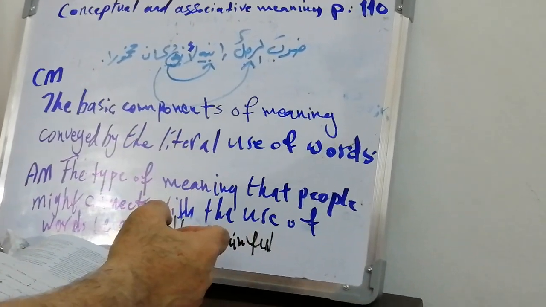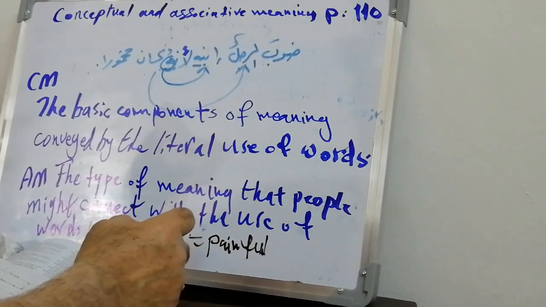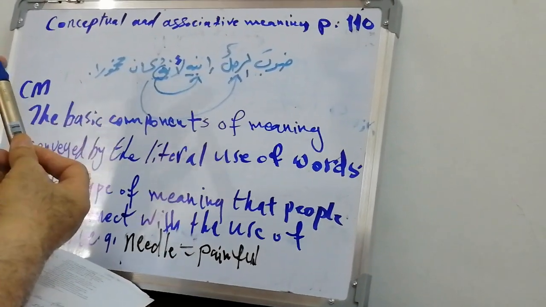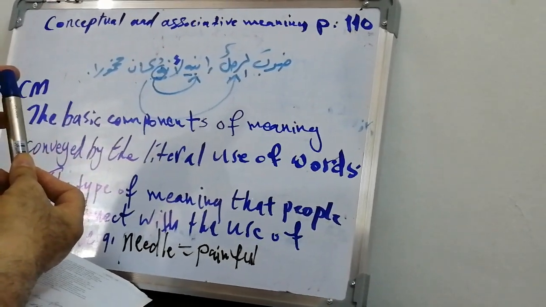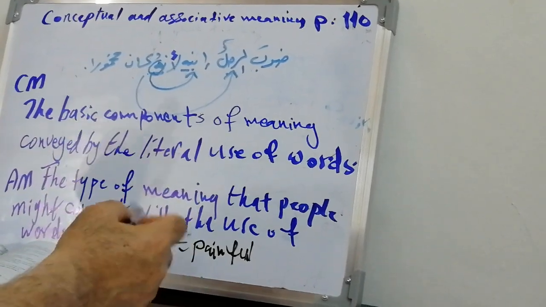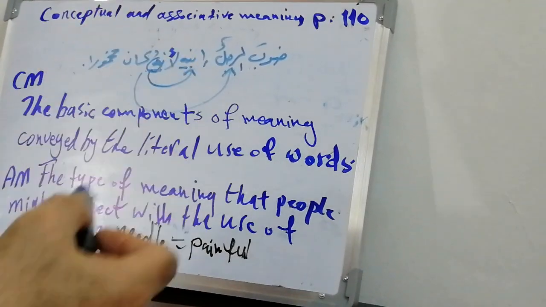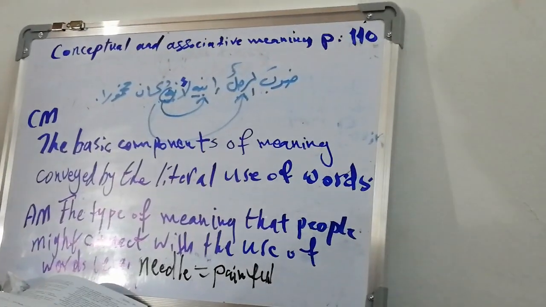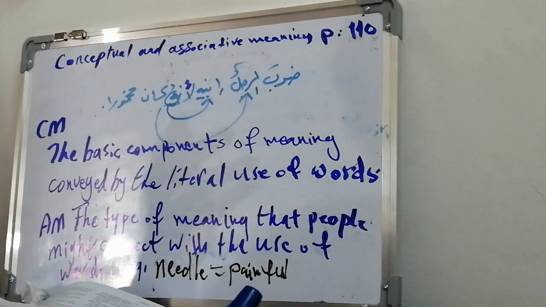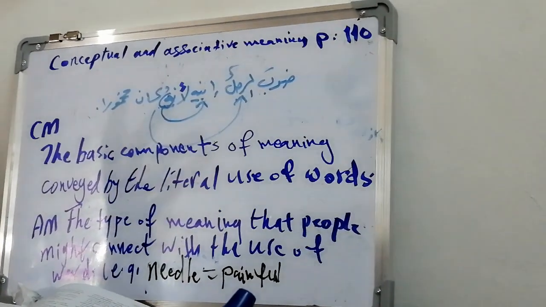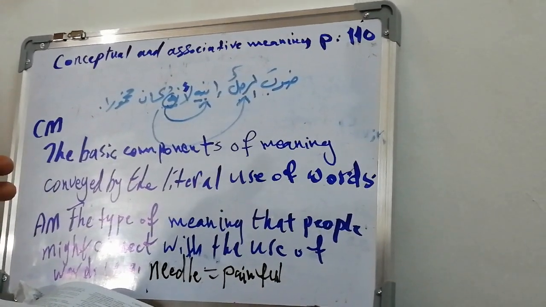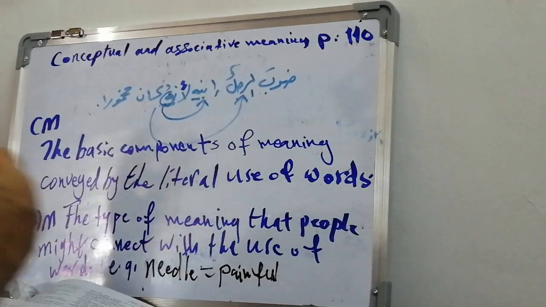For example, just now I said that the basic components of the word needle include thin, sharp, steel instrument. Here, needle is not used in this sense. No, it is used in the sense of painful, for example. Painful. Blood. Illness. Drugs. Pain.